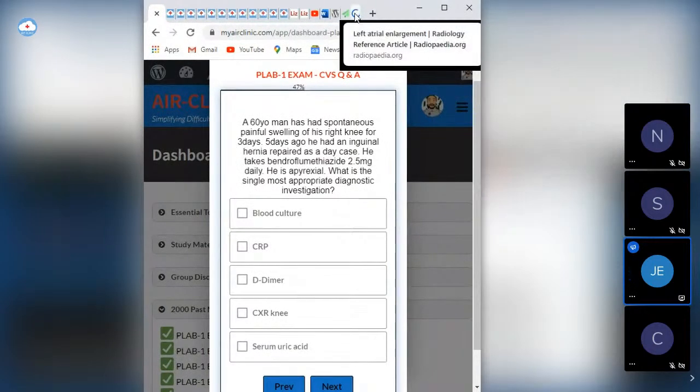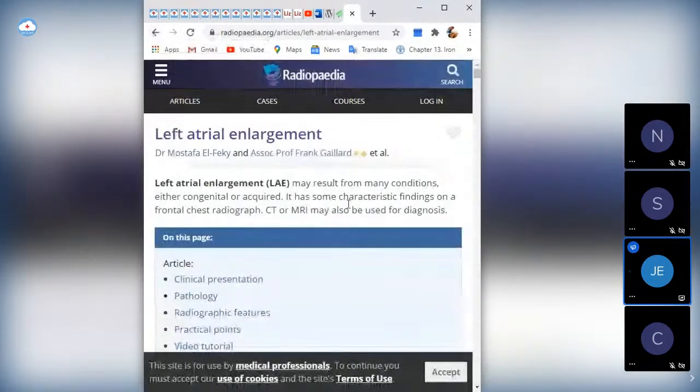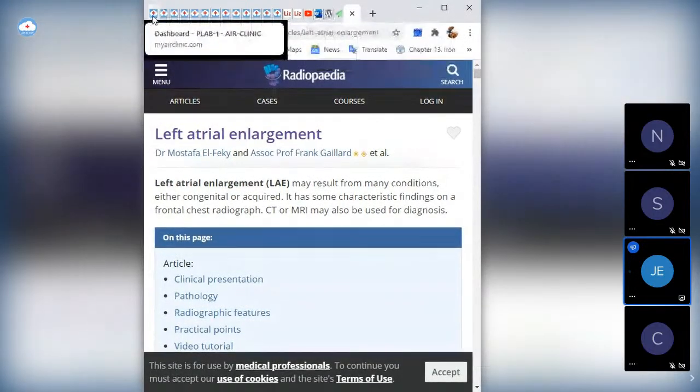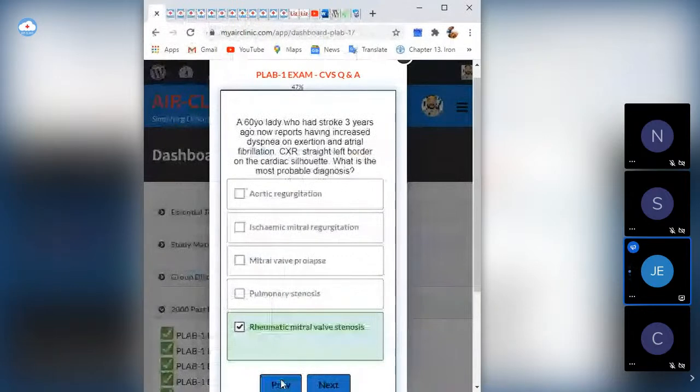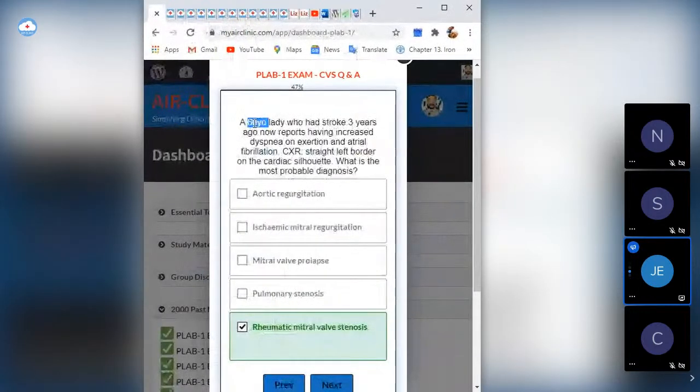Rheumatic now. Rheumatic is rheumatic. They have to come from anywhere, like following a rheumatic fever. That's what it means. So it means that this patient must have had rheumatic fever as a young person. This woman, likely, if you go and take a history, she must have had rheumatic fever when she was young.